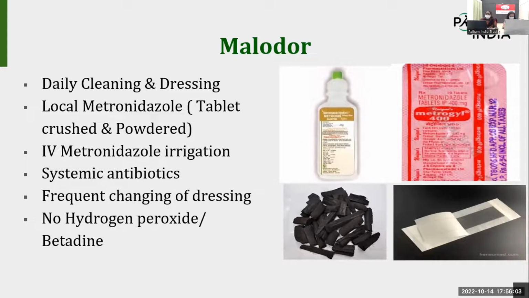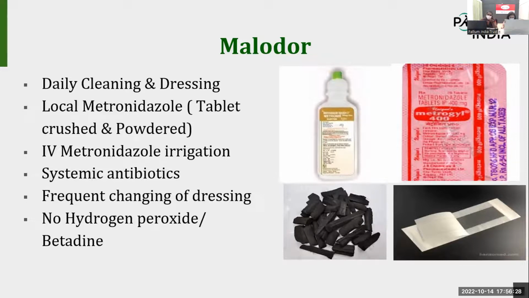And here also, no hydrogen peroxide and betadine. These will not help this kind of wound, because if you use hypochlorite solution on the wound, it will irritate the tissues, and if there is any irritation, the patients will also experience pain.